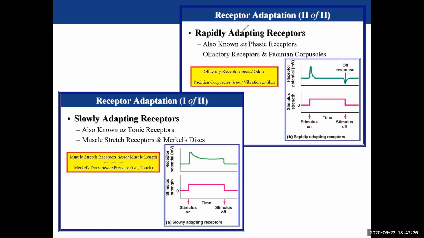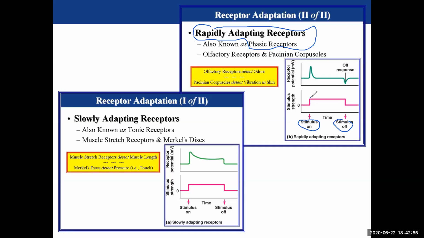That's what we call rapidly adapting or phasic receptors. They respond only when there's a change in the on and off signal. So when the stimulus comes on, they detect it. When the stimulus comes off, they also detect it.